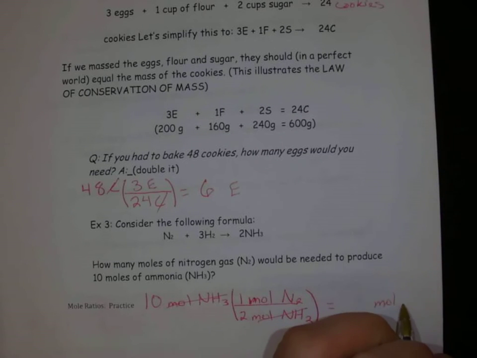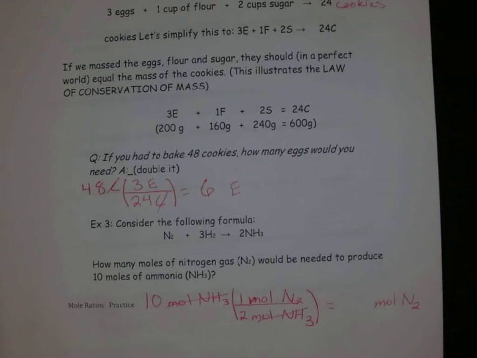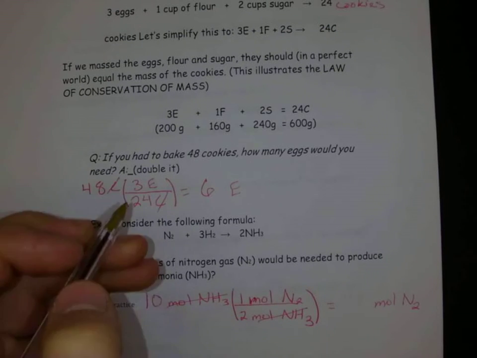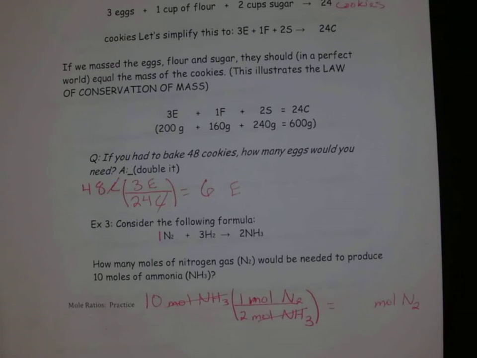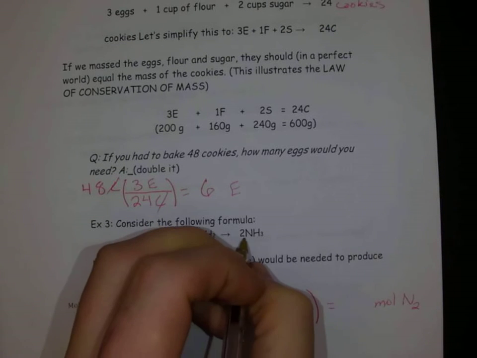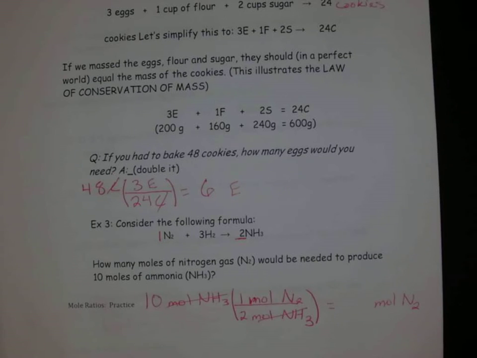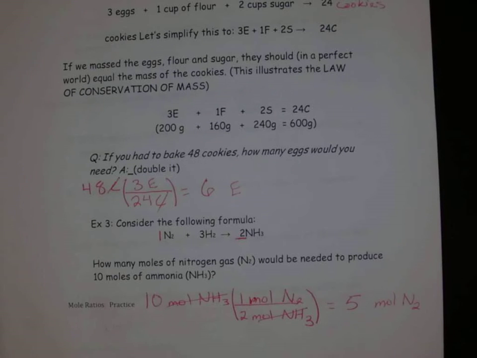That's going to be the unit that I wanted to get to, right? Now I just need to do the math. My 1 and my 2 here come from the 1 in front of the nitrogen and the 2 in front of the ammonia. So 10 times 1 divided by 2, I need 5 moles of N2 to get 10 moles of ammonia, okay?